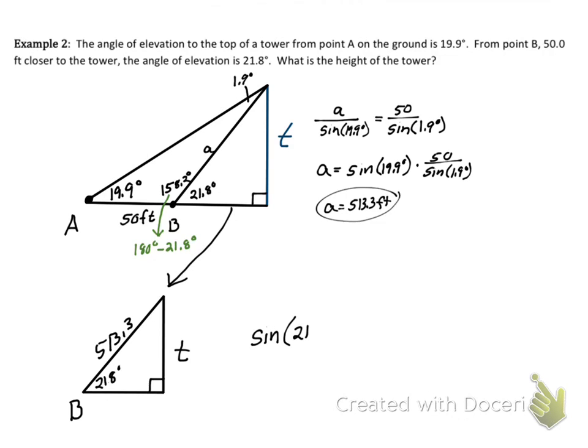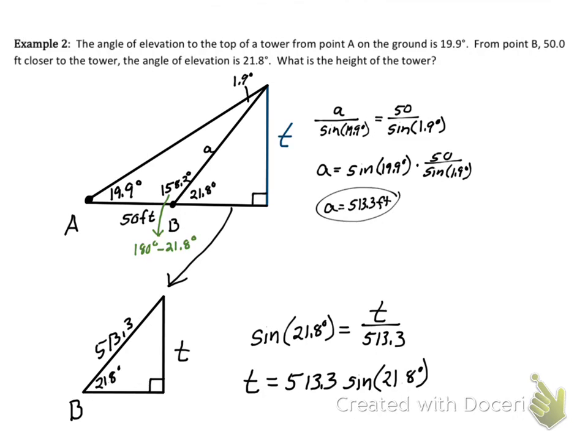of 21.8 degrees is going to equal opposite. That's a T. Opposite is T over my hypotenuse, which is 513.3. Multiply both sides by 513.3, and you should come up with T equals 513.3 times sine of 21.8 degrees.